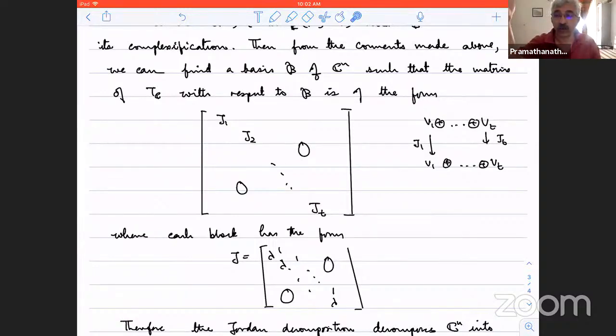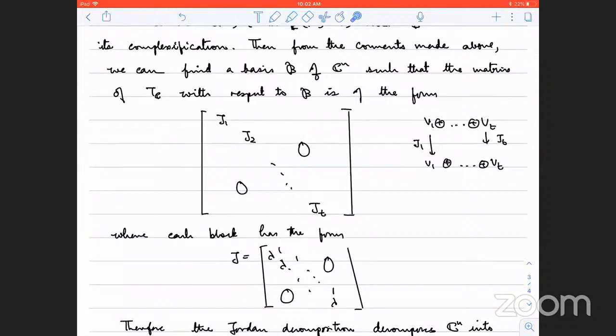Now go back to your original vector space V. Because you used the basis to come to here, you can talk about V1, V2, up to Vt over there. Does that answer somebody's question? Somebody was asking me about what the V_i's are. Can people hear me? Yeah, thank you, sir. Okay, did that make sense?